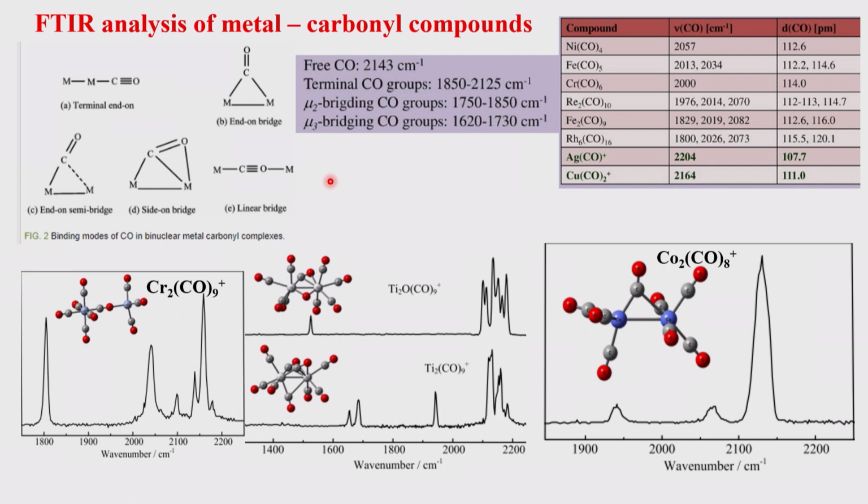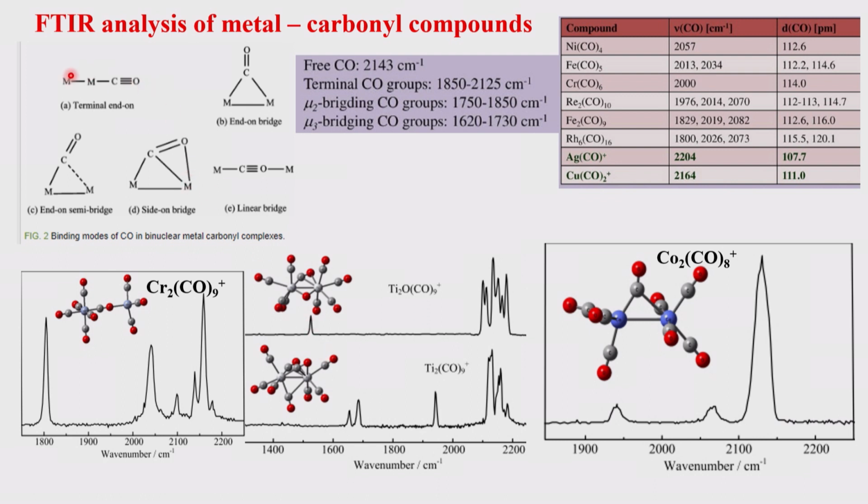So how will the infrared help? The principle is the same. The CO bond strength varies in this and in this and in this. One of the factors is the sigma bond, and the other factor is the pi.